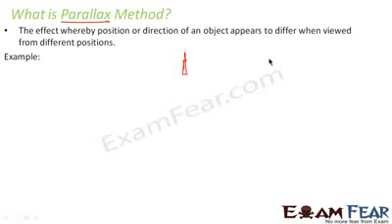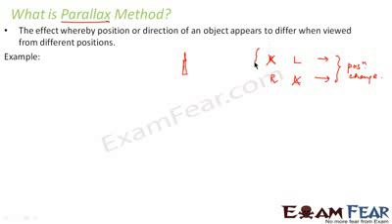You first close your right eye and view the candle with your left eye. Then you open your right eye and close your left eye and try to view the same candle, which is located at the same position. You will find that there is a change in position.